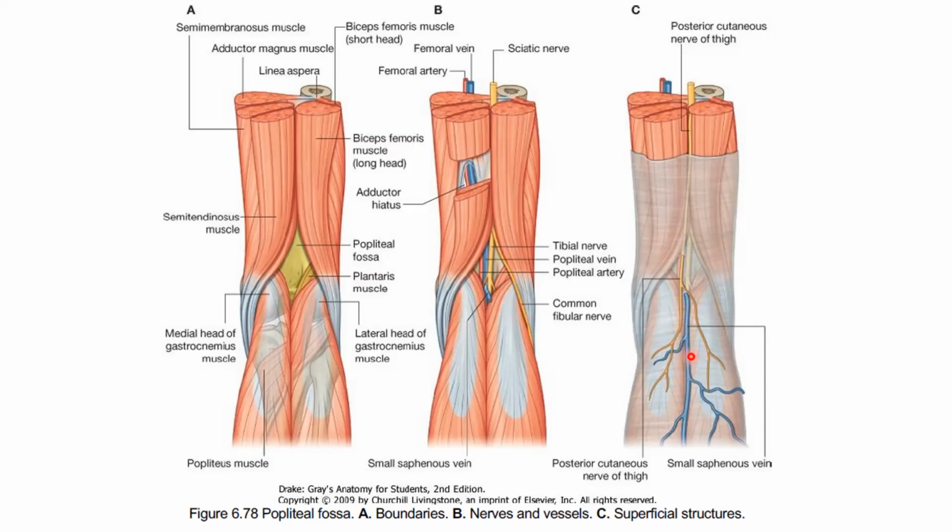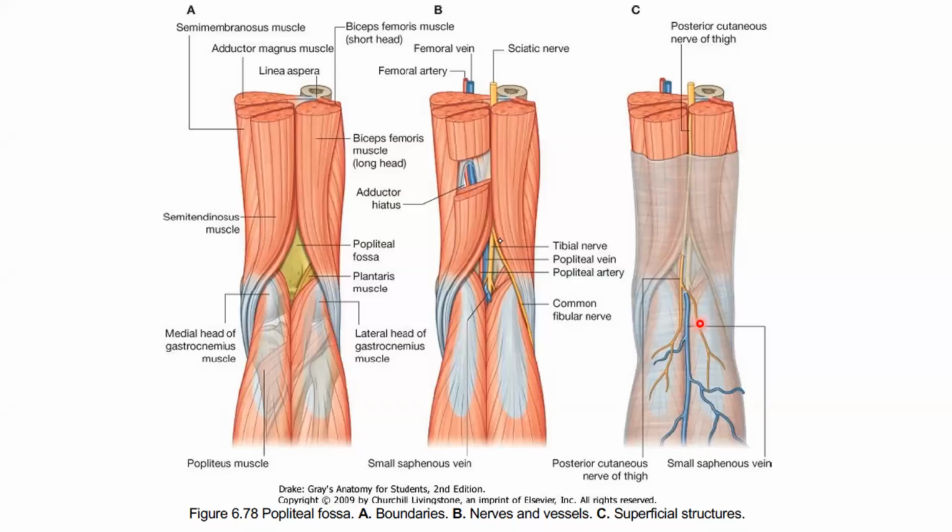Then you have the posterior cutaneous nerve of the thigh, which arises from the sacral plexus, and the small saphenous vein, which is a branch of the tibial vein and drains the superficial structures of the posterior aspect of the leg.